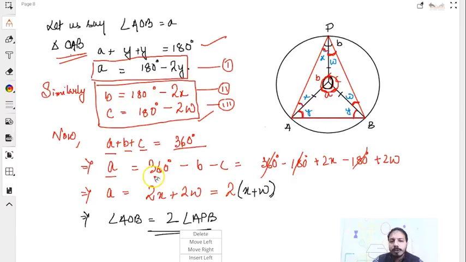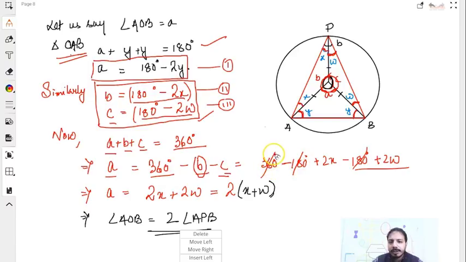Therefore A is equal to 360 minus B minus C. Now we have seen that B is nothing but 180 minus 2x and C is nothing but 180 minus 2W. So I just put the values here, the B value here and the C value here. So I've written 360 minus this thing and minus this thing.